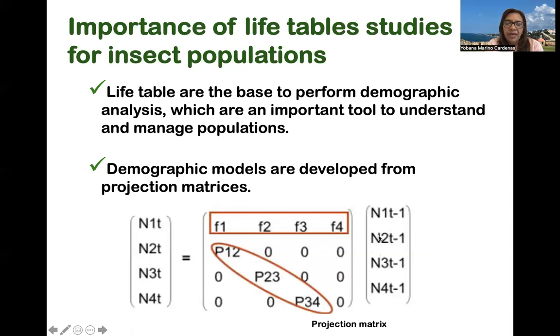And we use this data to construct the projection matrix. The projection matrix contains the fertility of adult females, in the case of the coffee berry borer, and different probabilities, mainly probabilities to survive and move into the next stage, or probabilities to survive and remain in the same stage. I will explain a projection matrix in more detail in the results section.